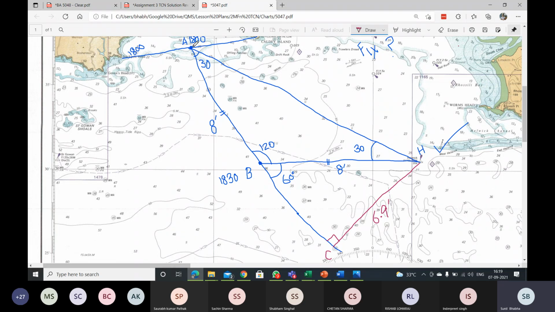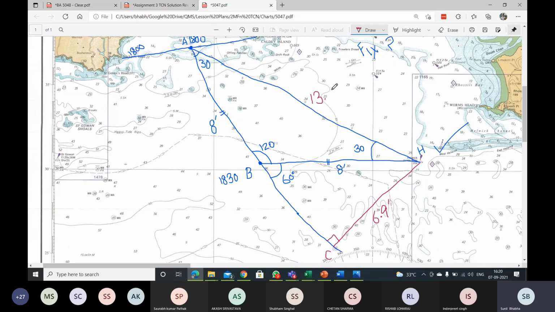So is there a way we can find out side AH, Alpha Hotel? Yes, sir, sin 30. Very good. Just punch in the numbers in the calculator. Tell me what is side AH? 13.8, sir. 13.8. Okay, beta. Very good.